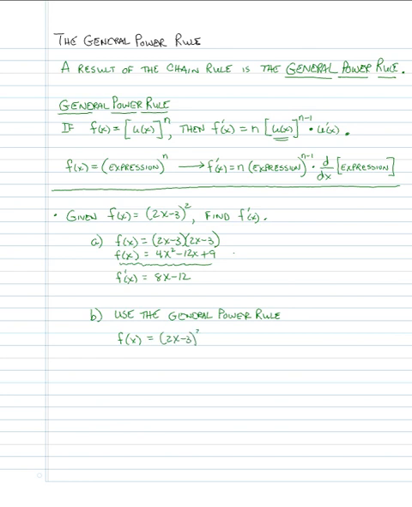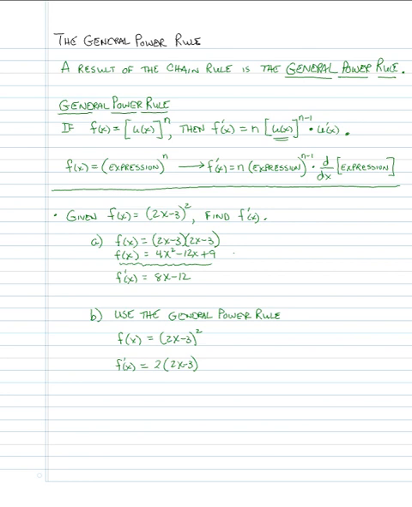Now the general power rule is actually about finding derivatives of polynomials that have exponents on it. That is, expressions of x inside parentheses and an exponent on the parentheses. So the derivative, using the general power rule, says bring down the old exponent. So the old exponent is 2. We put it in front of the parentheses.